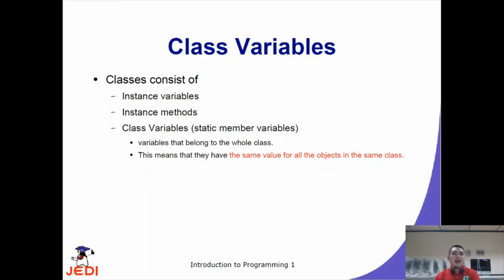Instance methods are the behaviors of the classes. Class variables belong to the whole class, and you can call class variables only using the class name, not the object name. We'll have an example later.